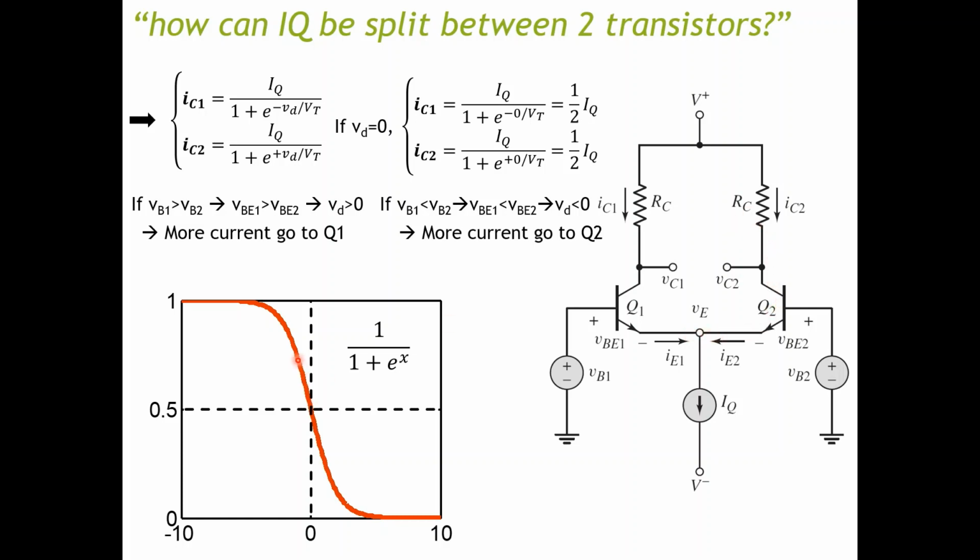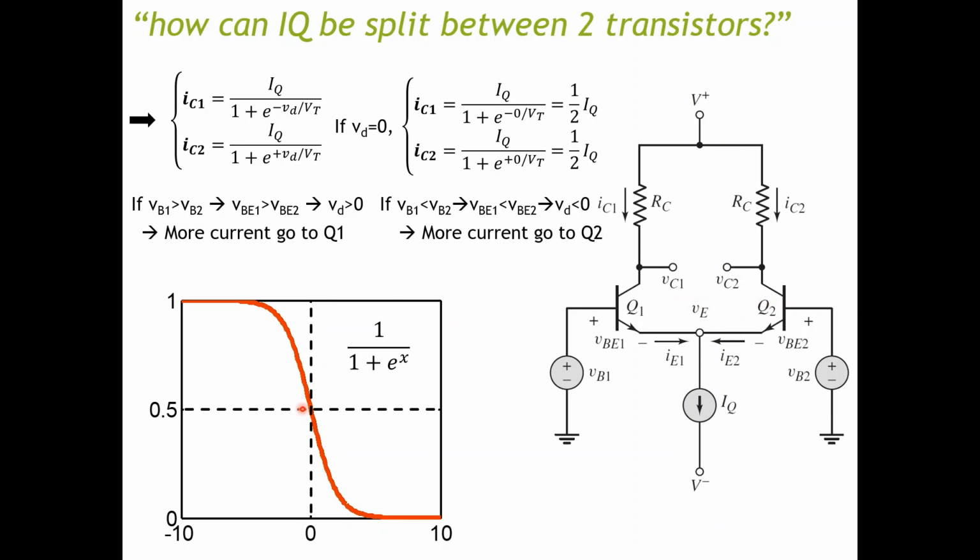Okay, so if you look at this plot here, for a small range, actually you can use some linear estimation, right? So for a small range, you can linear estimate the relationship between that distribution of current between two branches.